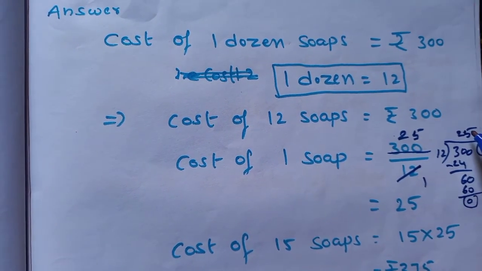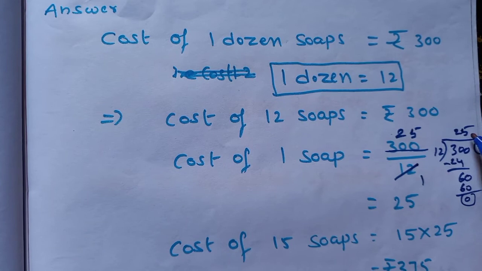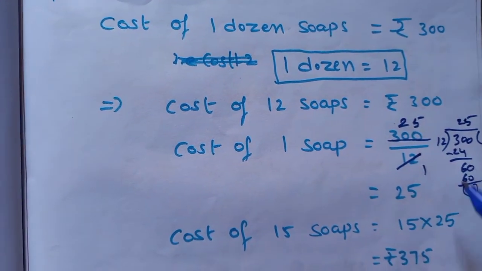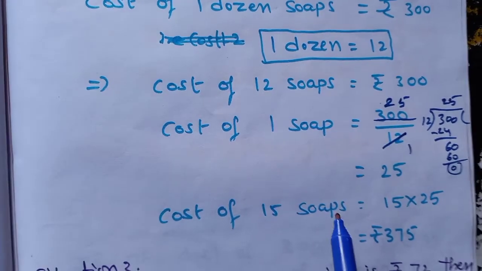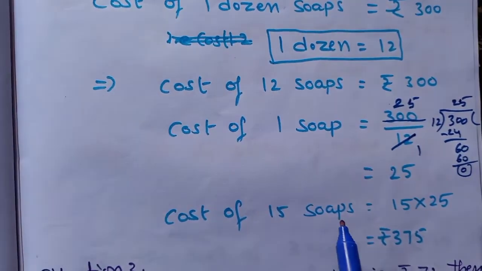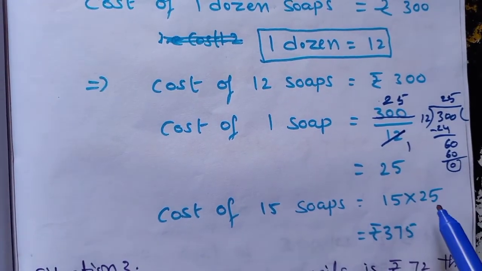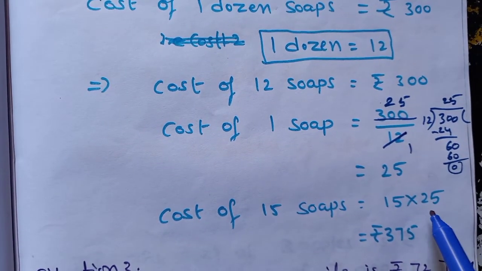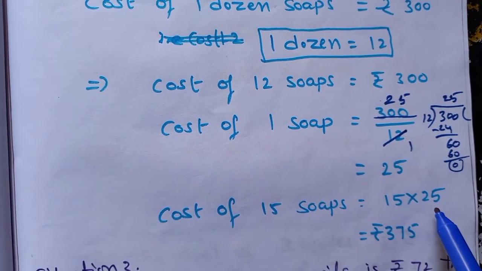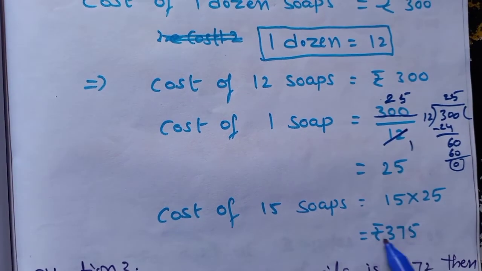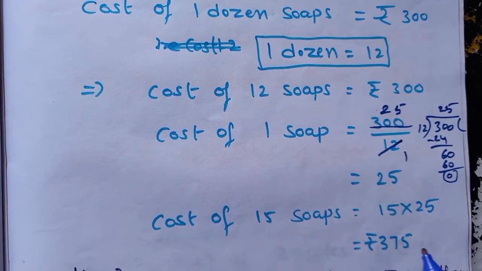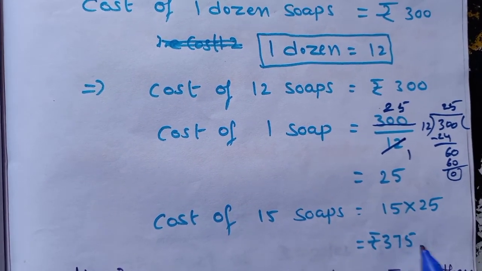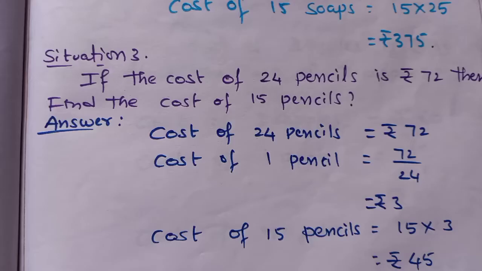Therefore the cost of one soap equals 25 rupees. Now we need to find the cost of 15 such soaps. We have to multiply 15 with the cost of one soap. Here the cost of one soap equals 25. 25 times 15 is 375. Therefore the cost of 15 soaps equals 375 rupees.